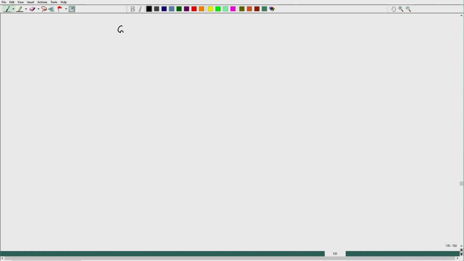So, we can write G2 for the non-ideal case as equal to G2 ideal plus G excess.